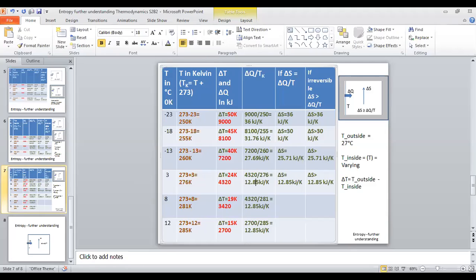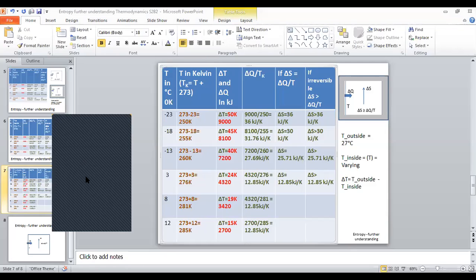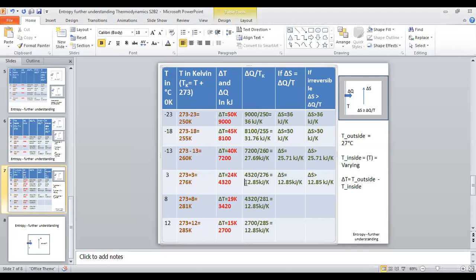4,320 divided by 276 is 15.65. Very interesting.